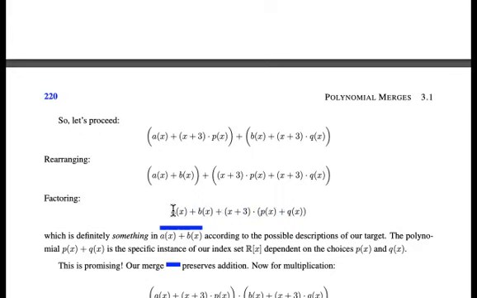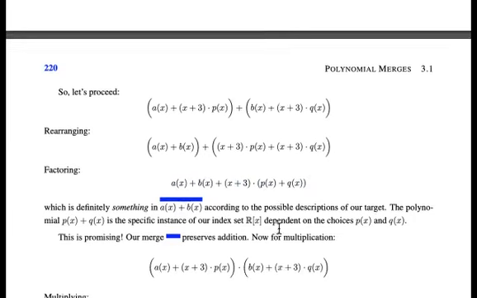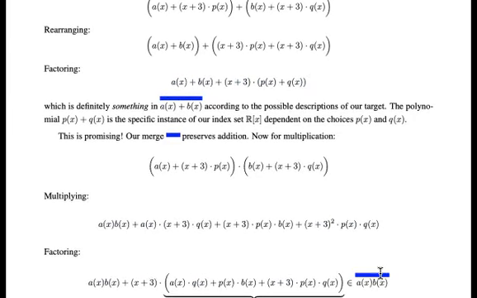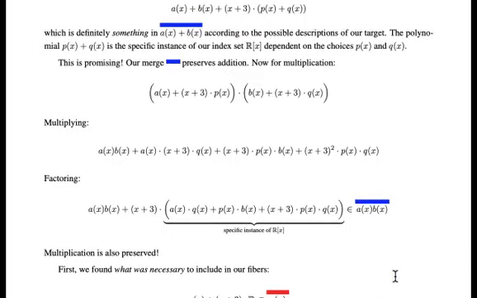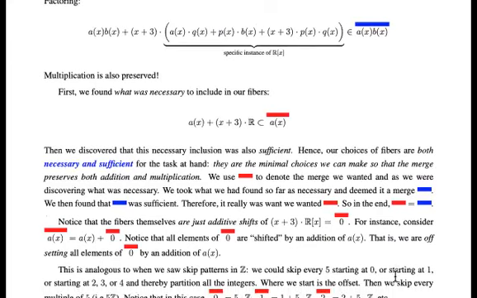So by definition of how we define blue bar, if we put a bar over, this is the same as this, which is exactly what we wanted to show. So blue bar preserves addition, and similarly, it preserves multiplication. Knowing that, blue bar will be equal to red bar, just as we described.